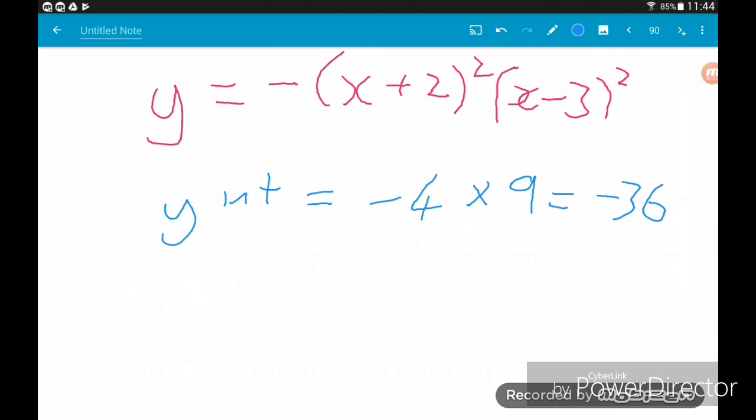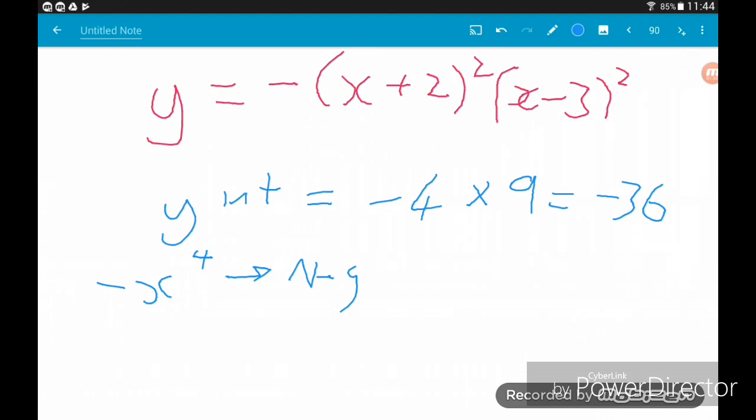Now, is the x to the power 4 term positive or negative? Well, in the first bracket, we would get an x squared. In the second bracket, we would get an x squared. So x squared times x squared is x to the power 4, but then that negative is affecting that term, so we actually get a minus x to the power 4 term. So we've got a negative graph.